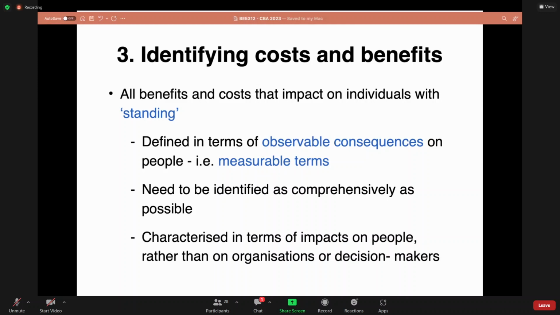When we are identifying costs and benefits, they should be observable consequences on people, meaning things that we can measure. We have to identify these things as comprehensively as possible. When we say consequences, these would be impacts on people rather than particular organizations or decision makers.